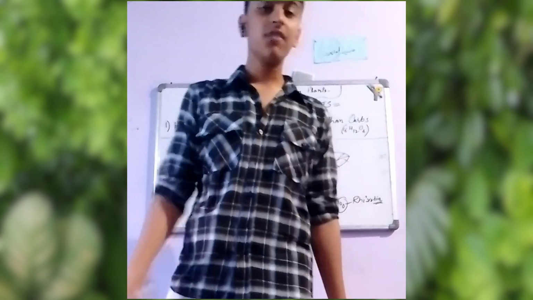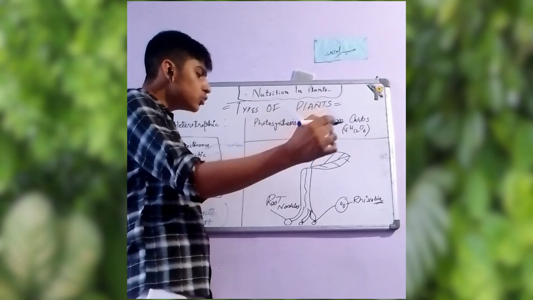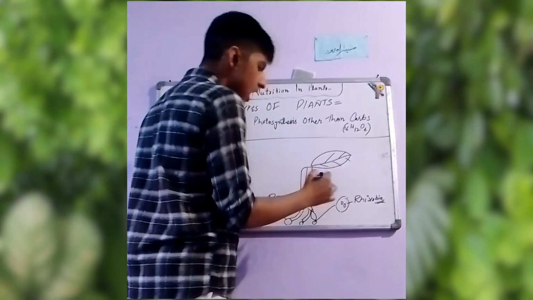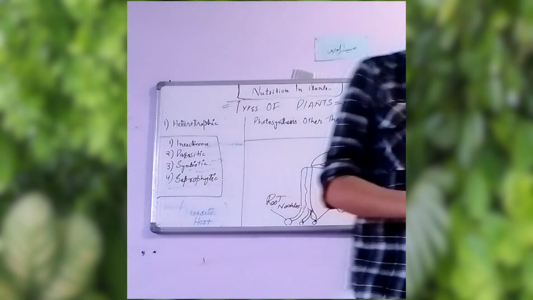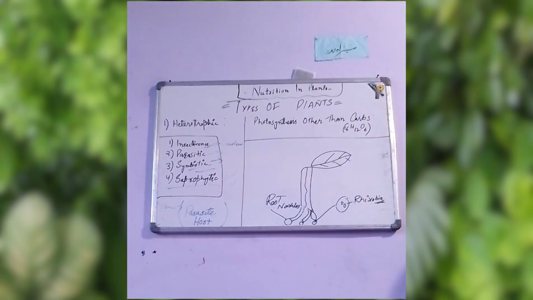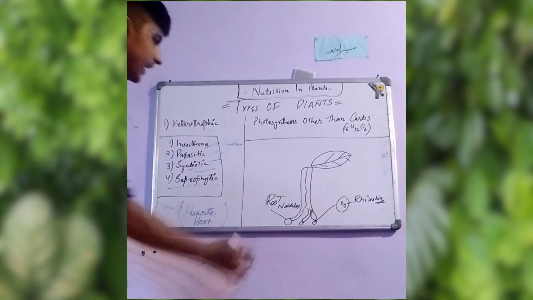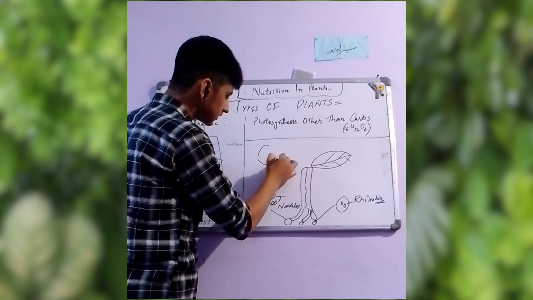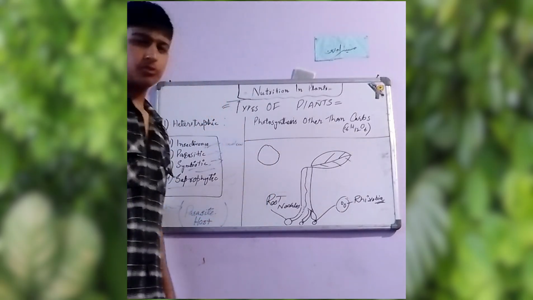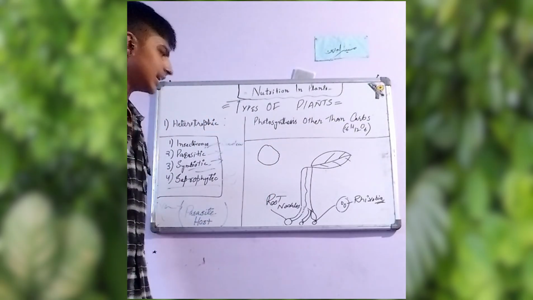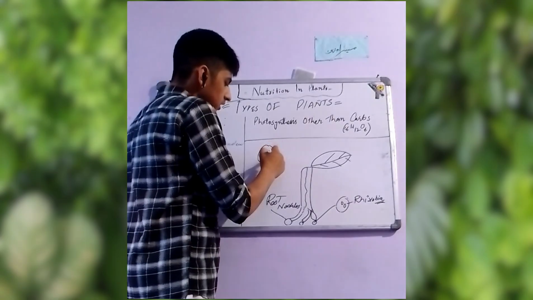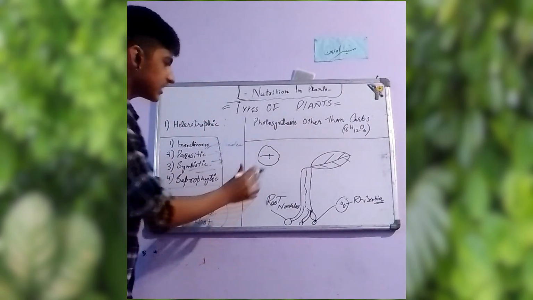So what is the function of this root nodule? This root nodule has inside it a bacteria called rhizobia. What is the function of this rhizobia bacteria? For example, there is a nitrogen compound, nitrogen, which the plant cannot take in.